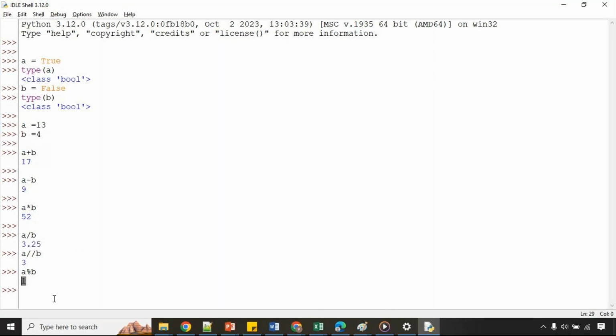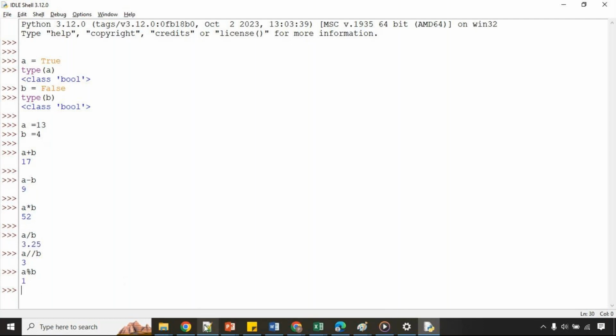Percentile is going to give the remainder. In the interview, they will ask this question, guys. In the written test, they will ask this question. So if you divide with this one, it gives the complete quotient value, this is the round of that one, and this is the remainder.